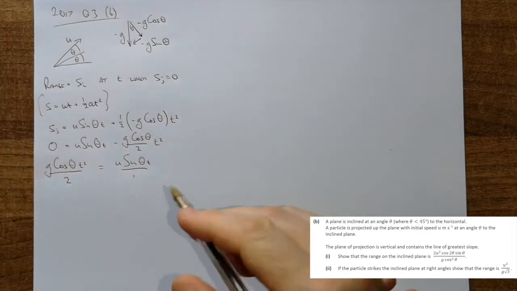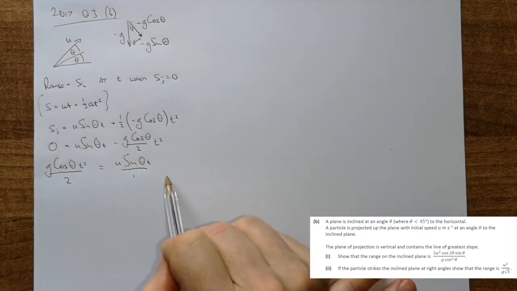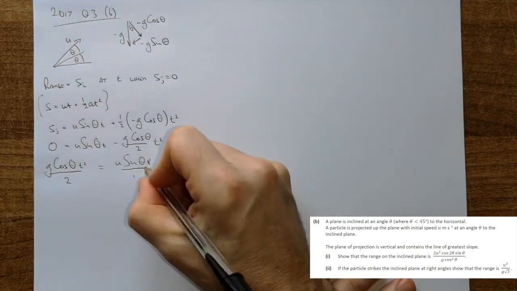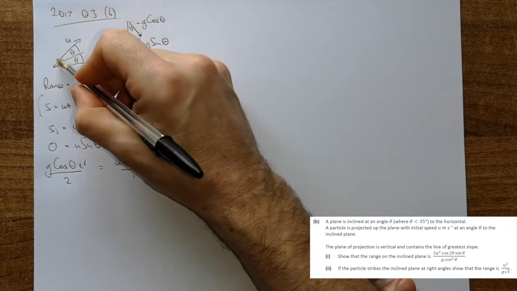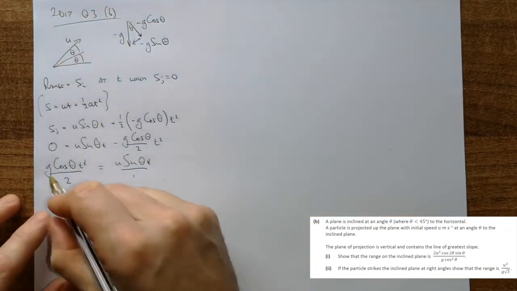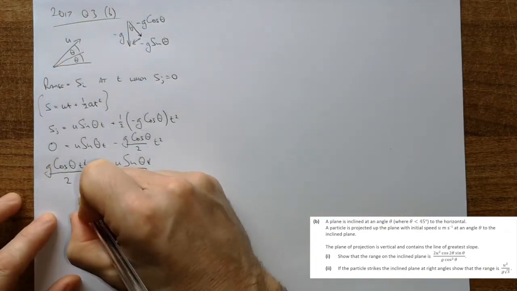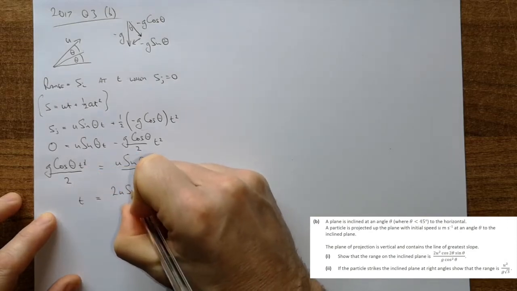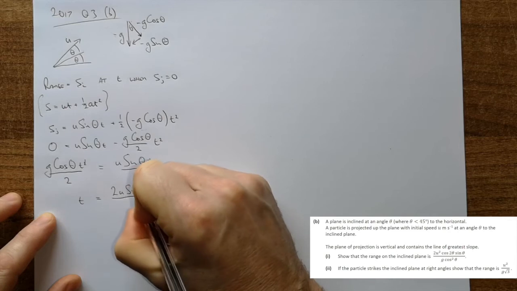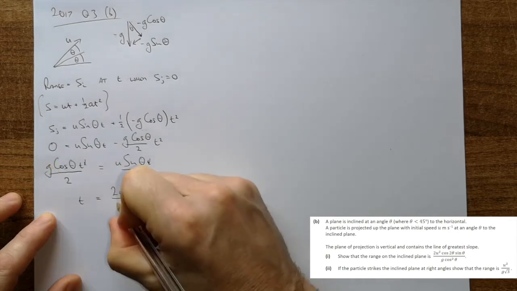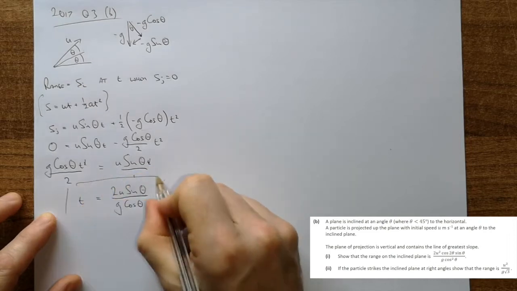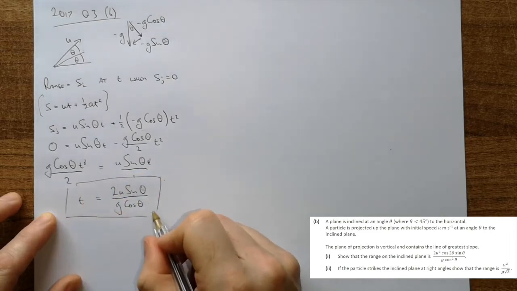What we'll notice is that one of the options is t equals 0, and that's fine because that's at the very start. We can ignore that, because we're interested in t at the end. So we divide across, and the 2 goes up there: t equals 2u sine theta all over g cos theta. That is our time when it lands.